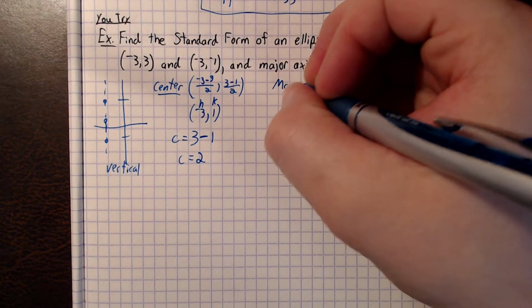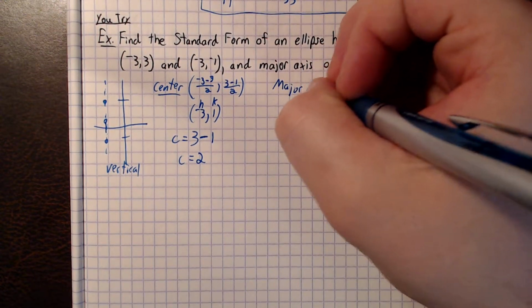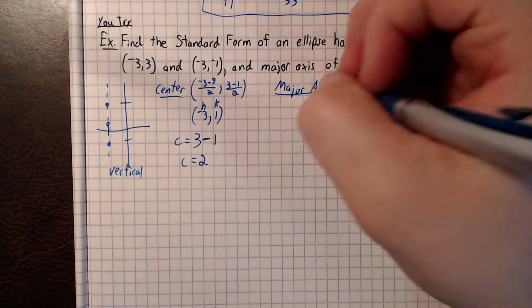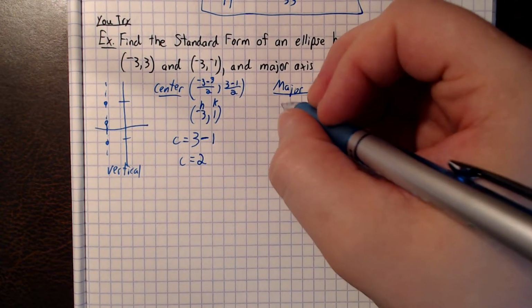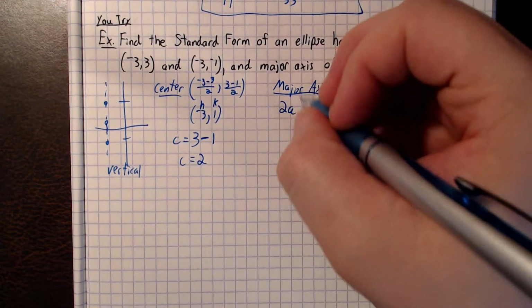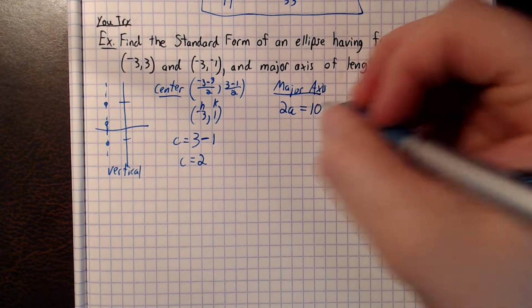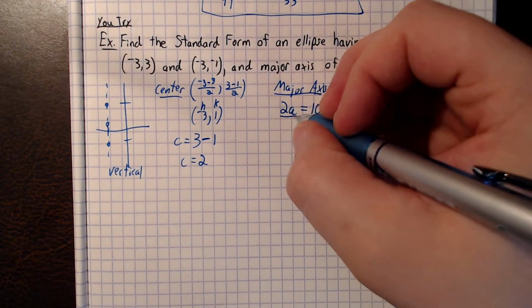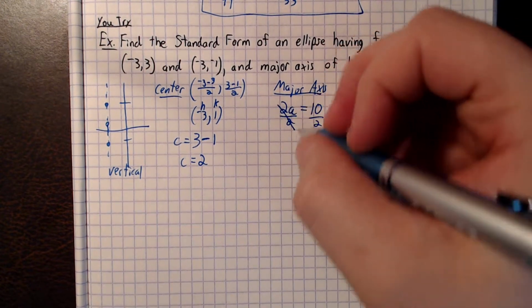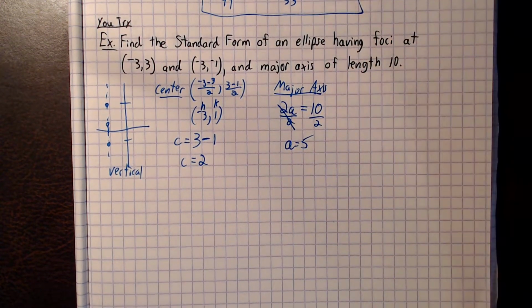Now we'll look at the major axis. We know that we have 2 lengths of a for the major axis, which is 10 units long. We're going to divide by 2, which gives us an a value of 5.